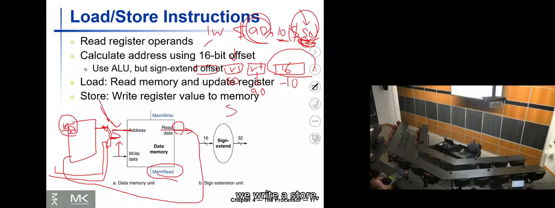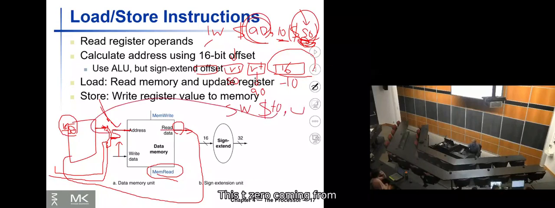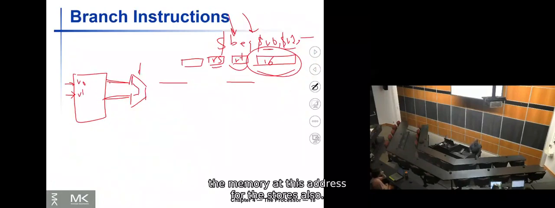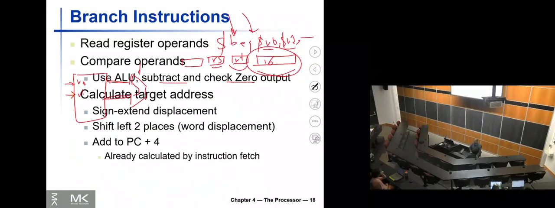In a store, we write a store, a register like T0 and an address. So this T0 coming from the register file goes here to write data. We have the data, we have the address, then the control of memwrite comes. When the control comes, this data is written into the memory at this address. So the store is also the same.